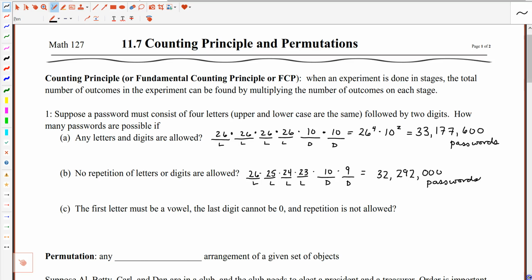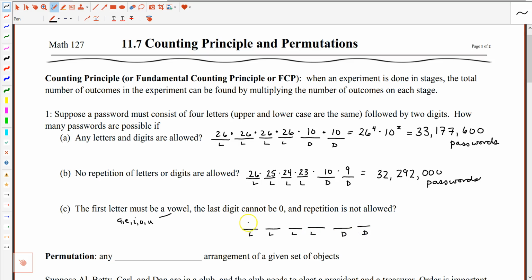Now in the third case, we're going to have the restriction, the first letter must be a vowel. So vowels, that's A, E, I, O, and U. The last digit cannot be a 0, and repetition is not allowed. All right, so we're going to have all these sorts of restrictions that we're going to have to take into account. So again, we've got letter, letter, letter, letter, digit, digit.